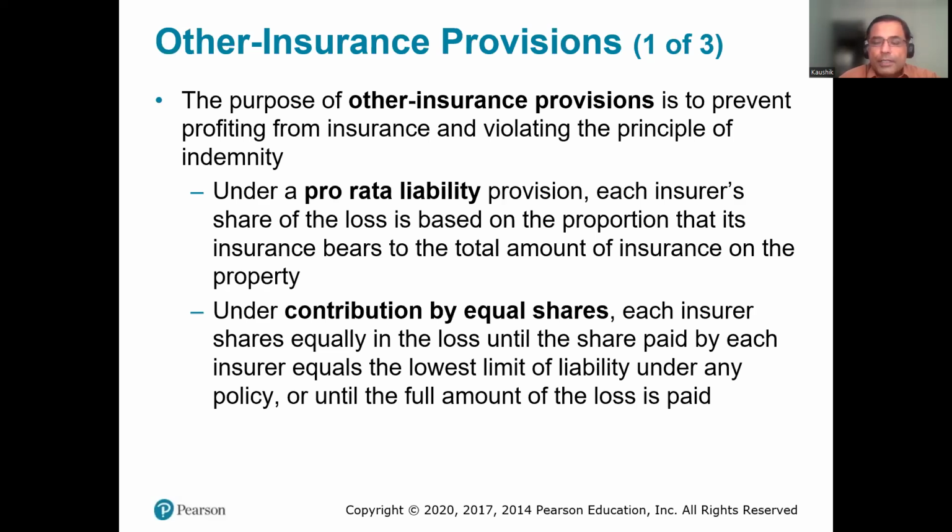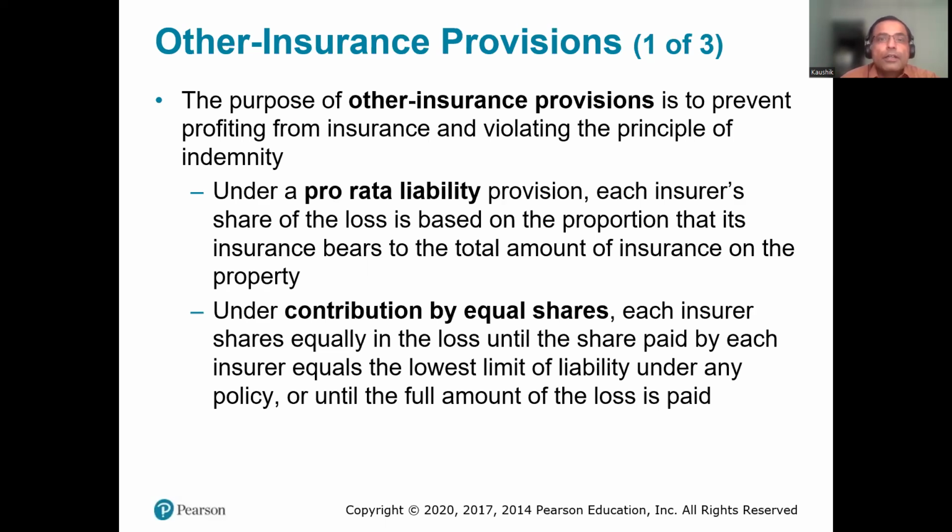In some cases, individuals or other entities may opt for multiple insurance. That is, they take out insurance from multiple companies. In that case, the other insurance provisions help prevent profiting from insurance and violating the principle of indemnity.